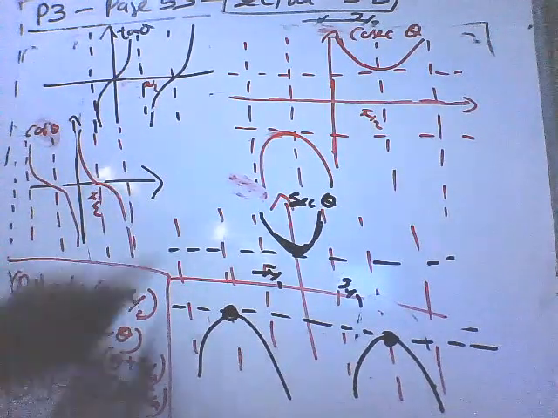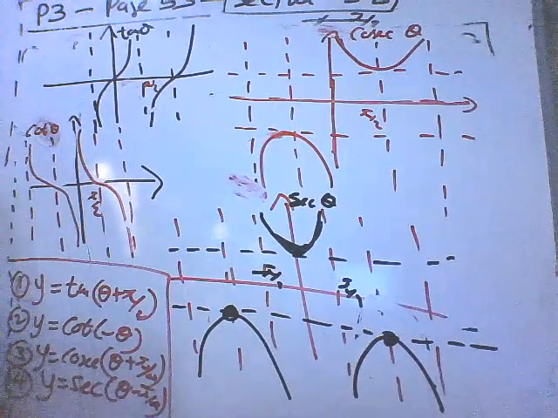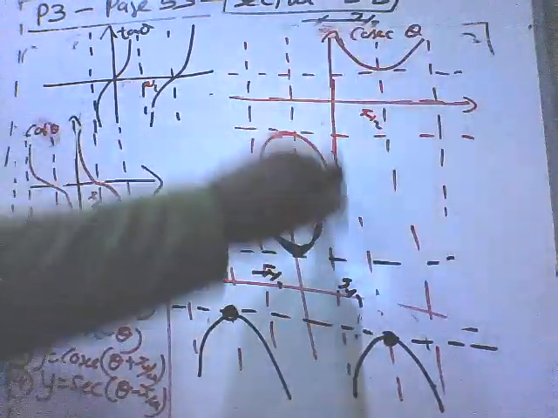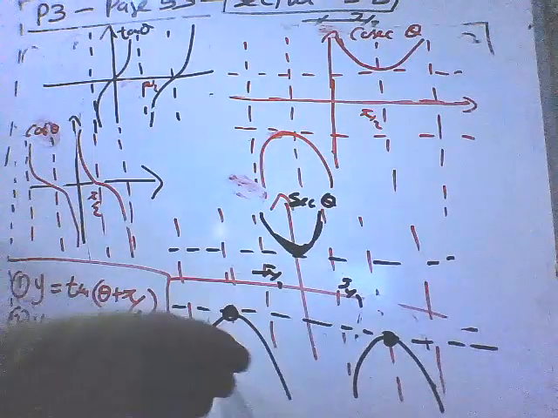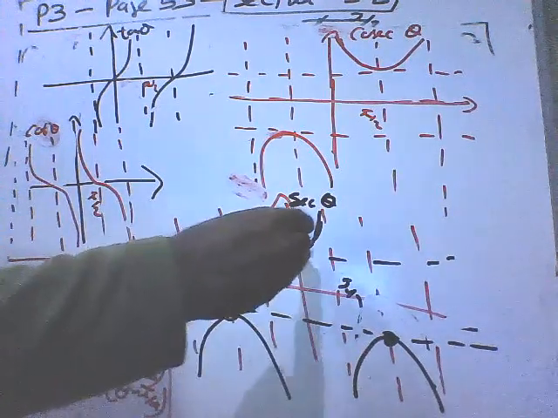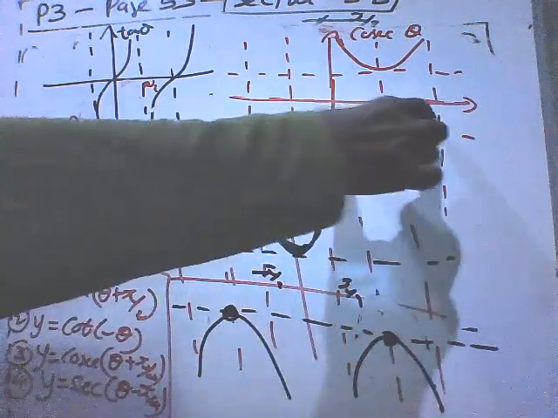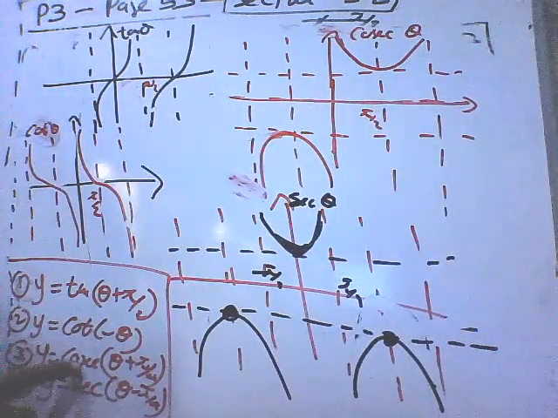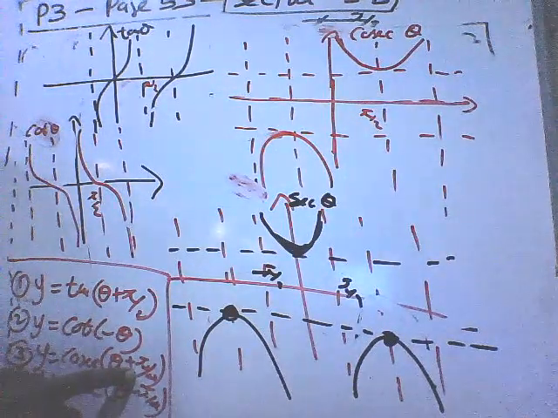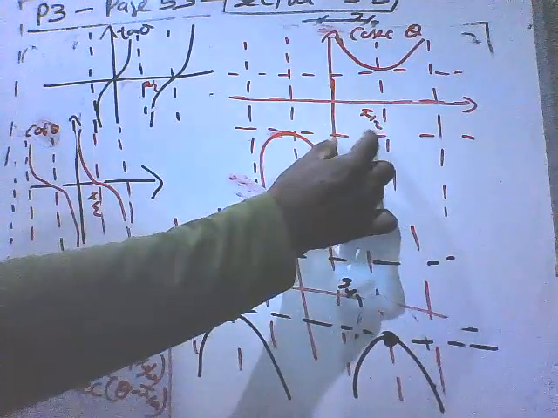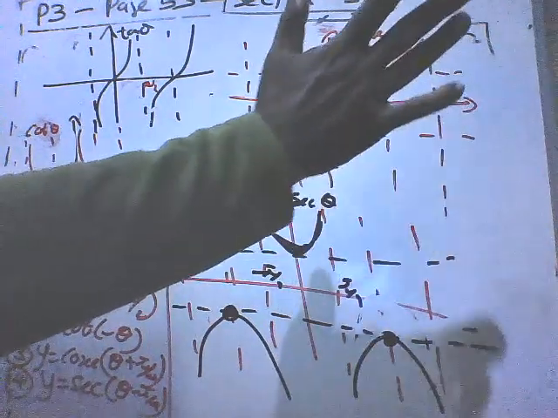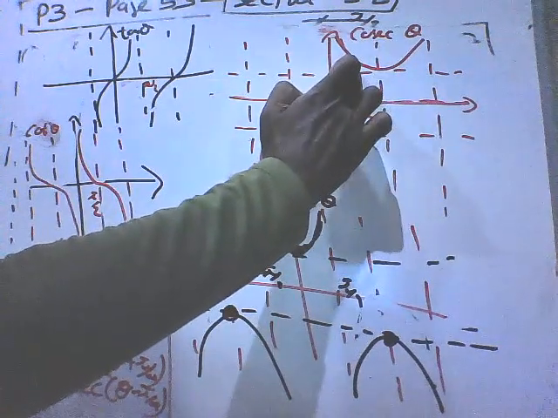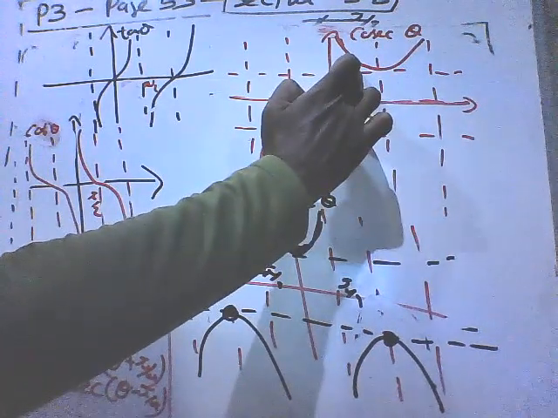And the same thing happens for 3 and 4 also. Interesting thing. Now the minimums and maximums are in different places in sec and cosec. See what happens when we say y equals cosec(theta plus pi over 4). This is pi over 2, half of that, so it comes to the left. This peak comes here, to the left.